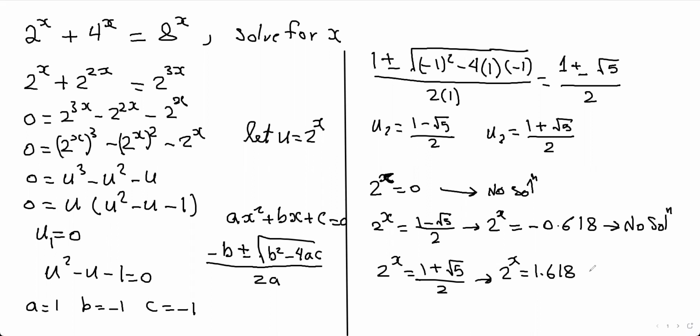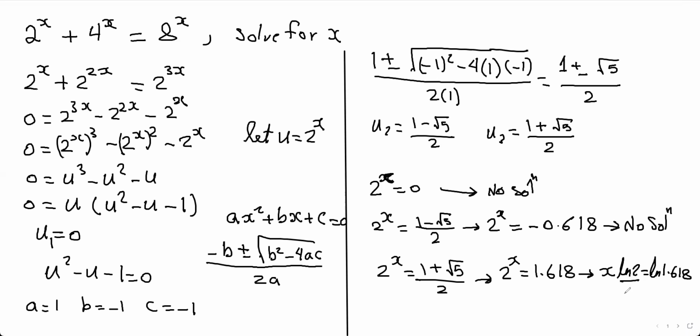And to solve this expression, I have to ln both sides. So when you ln this side, the x is going to drop, and you're going to get x ln 2 equals ln 1.618.